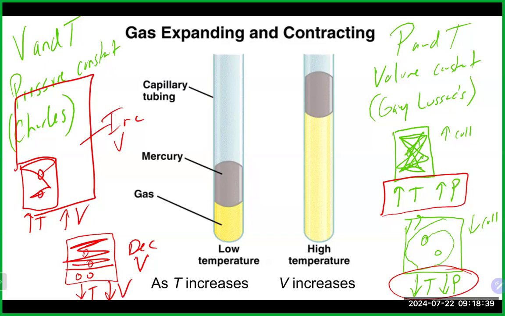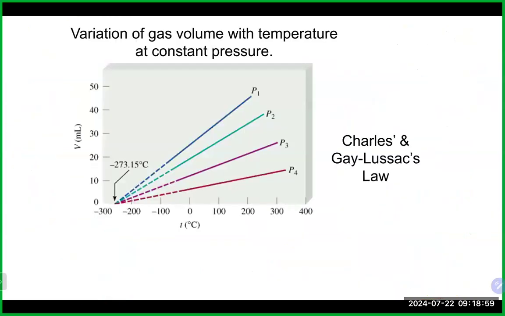Any questions on that? And that's what we see here in this container at a low temperature. We have a lower volume of gas, and at a higher temperature, the gas needs a lot more room to move around in, and you have a much higher volume of gas in that particular case.